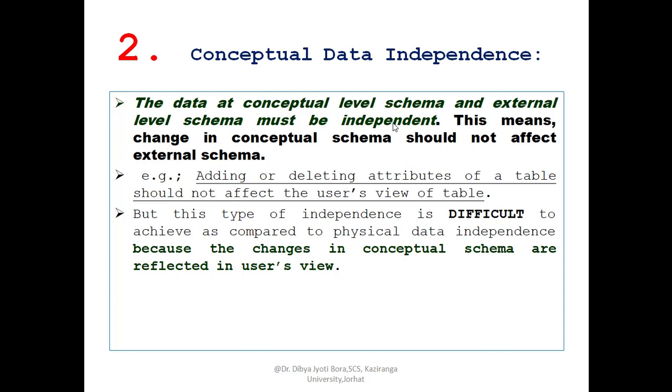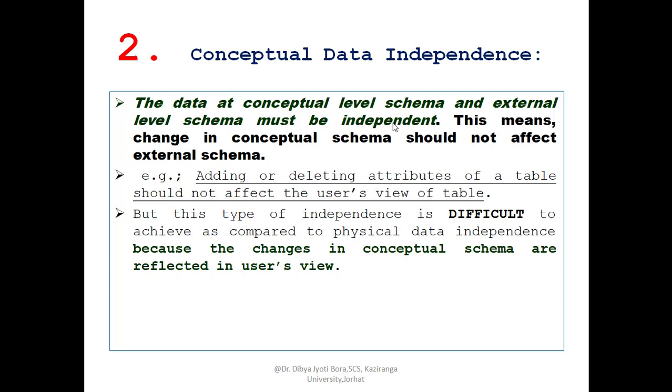So I have added one more attribute to our table and it is not going to affect the way the views were displayed to the external users. Similarly, in the case of deleting an attribute, suppose I have deleted the student discipline column, that also is not going to alter the views that the external users will experience.